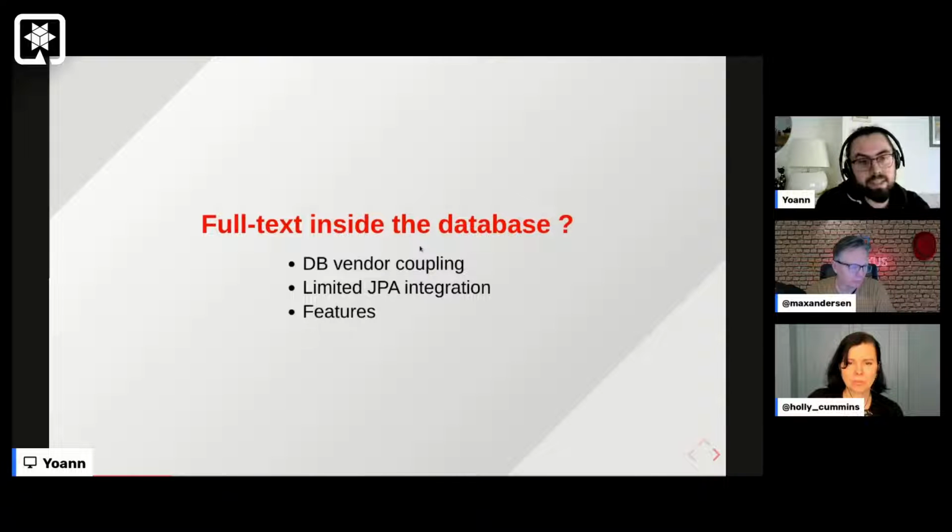Feature-wise, like I said, some databases like PostgreSQL are quite advanced. They provide a lot. But still, those are relational databases. Full text search is not their focus, and that's fair. It shouldn't be, because then they cannot focus on everything, right?